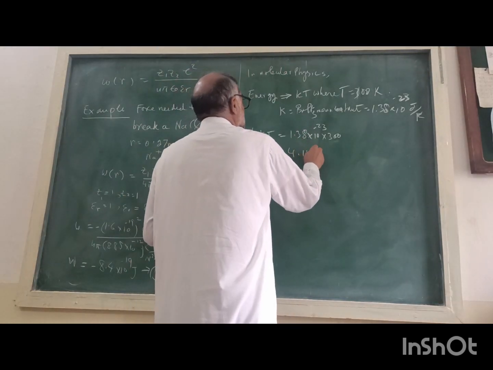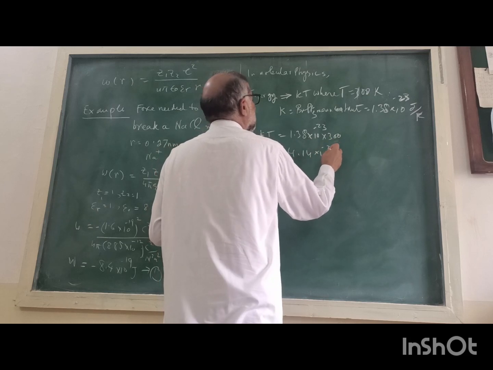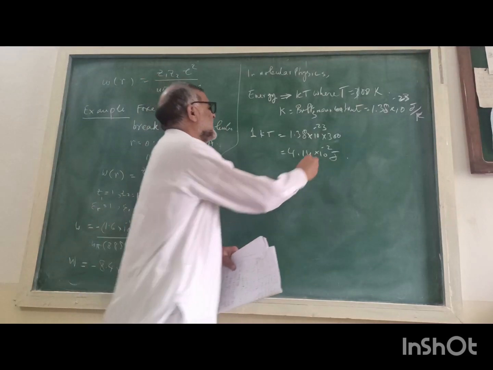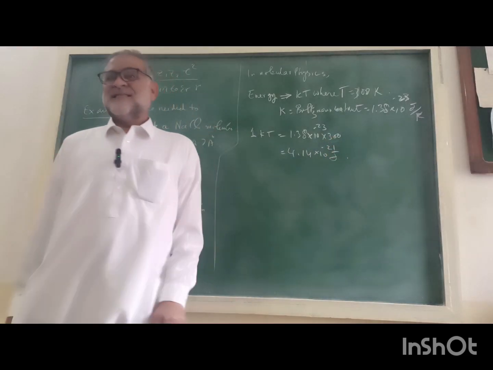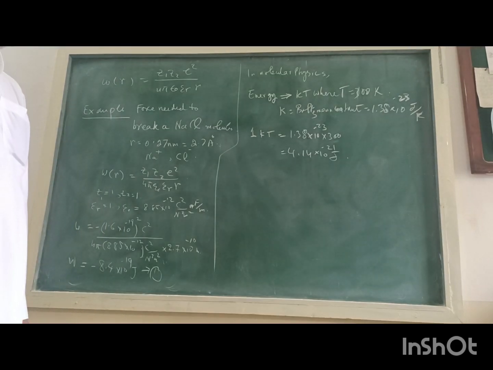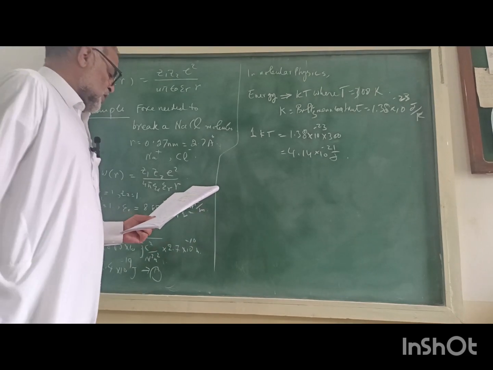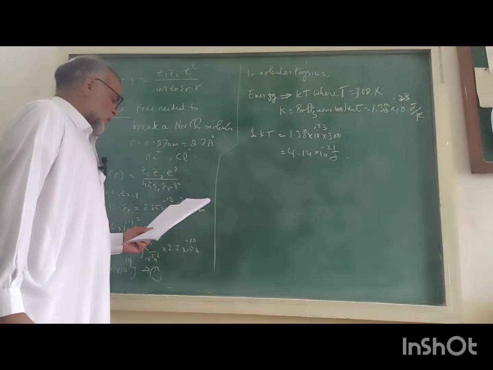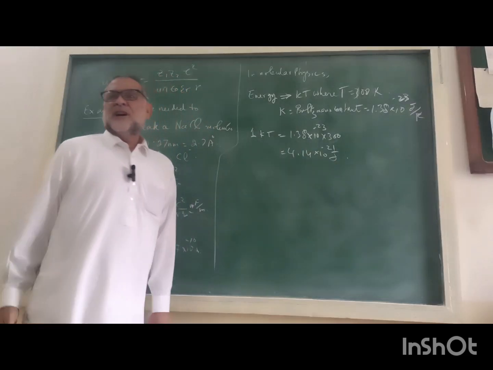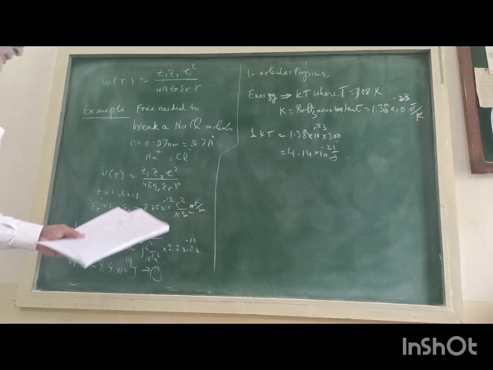Here I have written 10 to the power minus 21 joules. This many joules of energy. 1 kT is equal to 4 times 10 to the power minus 21 joule.